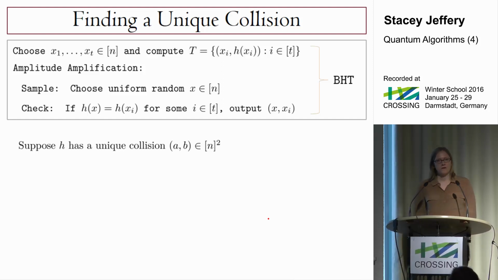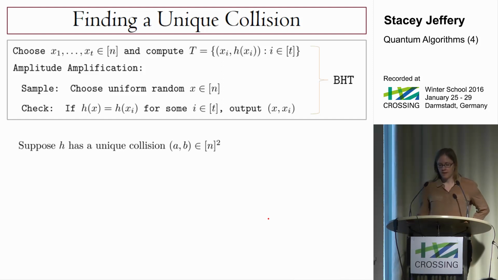So we have a function which is almost 1-to-1, except that there's some unique pair, A and B, such that h of A equals h of B. This problem is also sometimes called element distinctness, because it's equivalent to deciding if the function is 1-to-1 or has a collision. In the worst case, it would be if there's one collision.